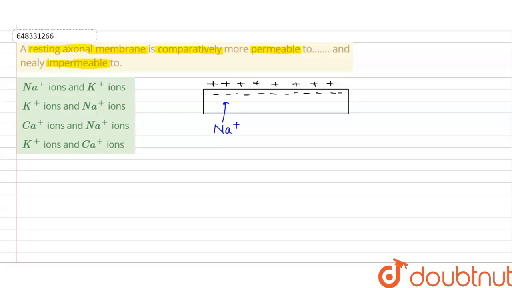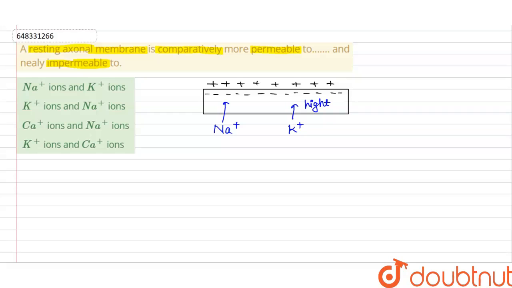This sodium basically cannot travel inside. Why? Because the sodium flow is restricted; sodium is not allowed to come inside. But if we talk about K plus, that is potassium, then the potassium flow inside is very high.